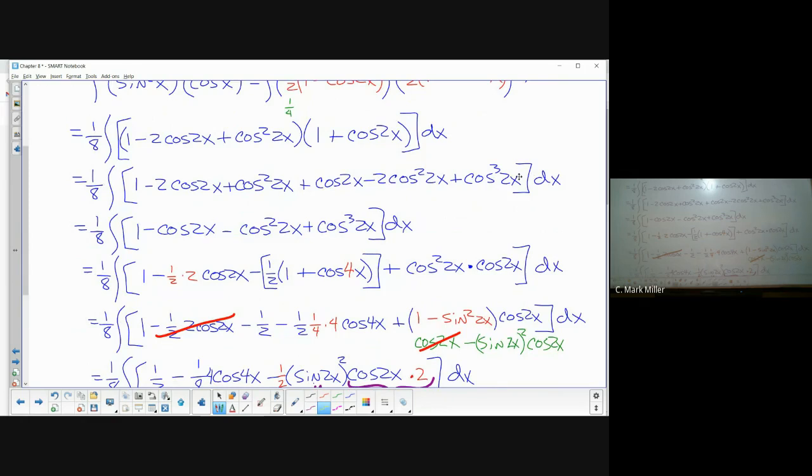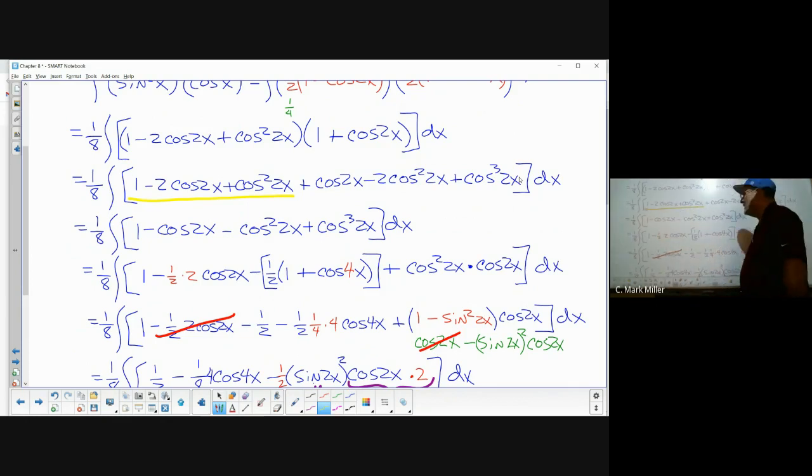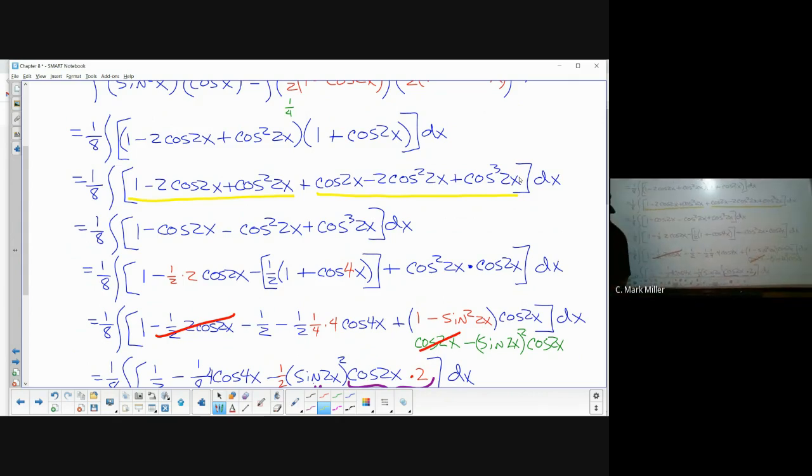And the way I do this is I go to the binomial. I took 1 times everything, and that gave me that much. Then I took cosine 2x times all that, and that gave me that. That left me with some like terms. Combine like terms. Always combine like terms.